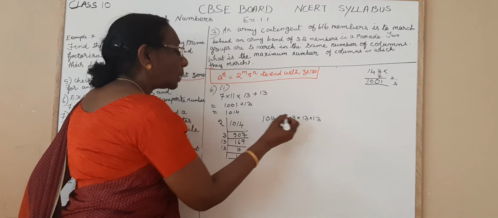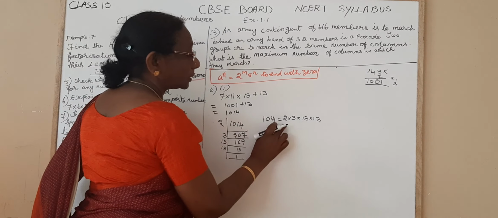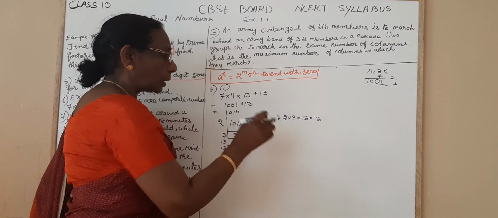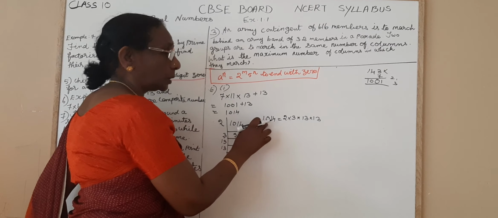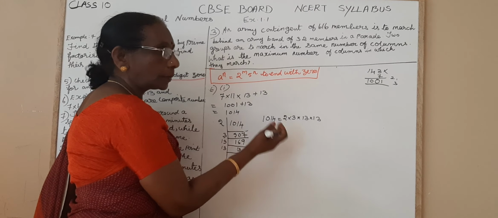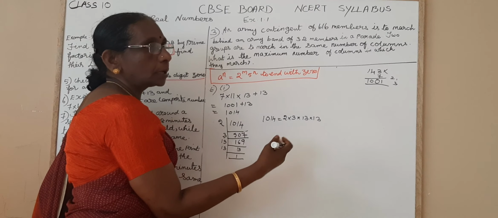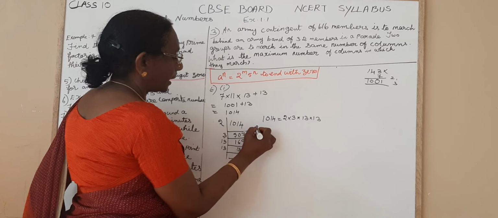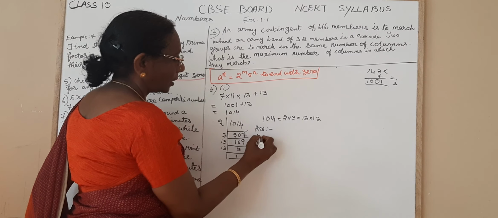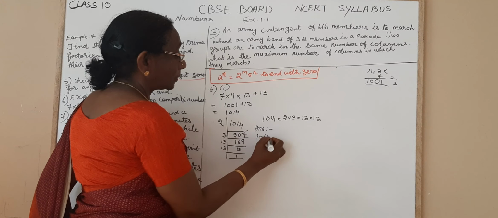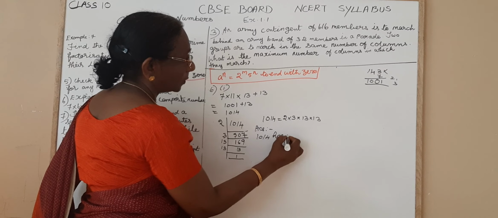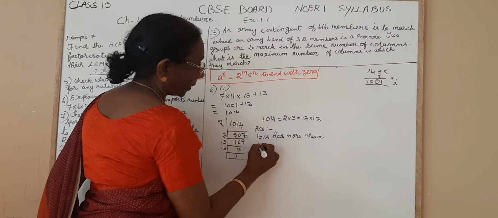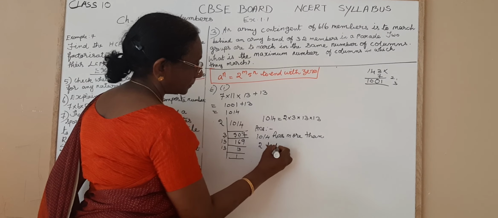So, how many prime factors has it got? 1, 2, 3, 4. Okay. And apart from that, 1 is also a factor of this number. Therefore, it has got more than 2 factors. Therefore, it is a composite number. Answer: 1014 has more than 2 factors.